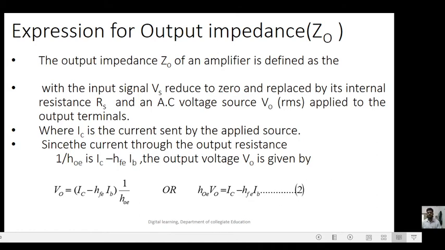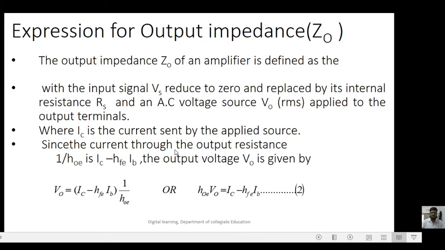Expression for output impedance Z0. The output impedance Z0 of an amplifier is defined with the input signal Vs reduced to 0. Here Vs is reduced to 0 and replaced by its internal resistance Rs, and an AC voltage source V0 is applied to the output terminals, where IC is the current supplied by the applied source.